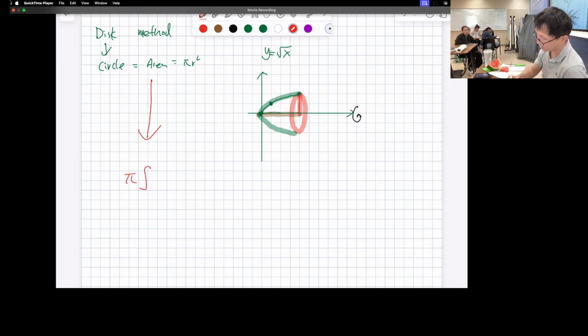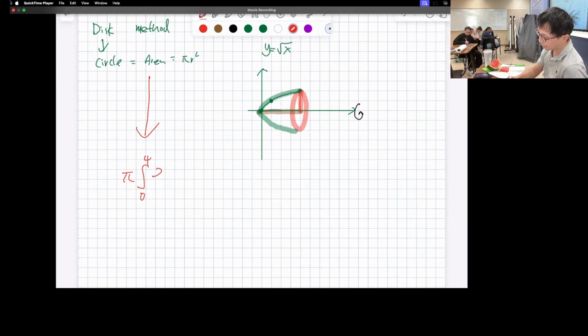The integration between two values, in this case, will be 0 to 4, because we stop at 4. 4 is the highest x, and 2 is the highest radius we can go, because the square root of 4 is 2. Of the function r of x squared dx.